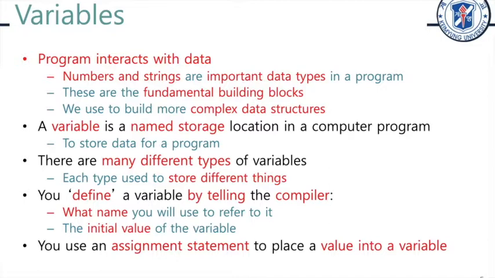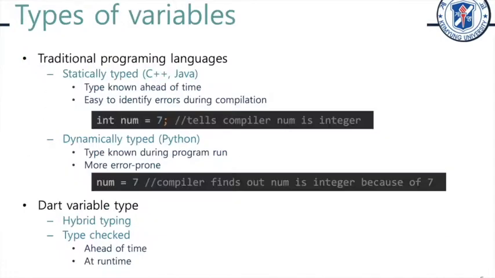And to assign an initial value or any other value to a variable, you use the assignment statement or the assignment operator. The assignment statement helps you to place a value into a variable, and later on you can use these values in order to do other things.